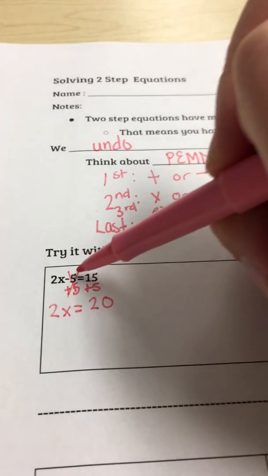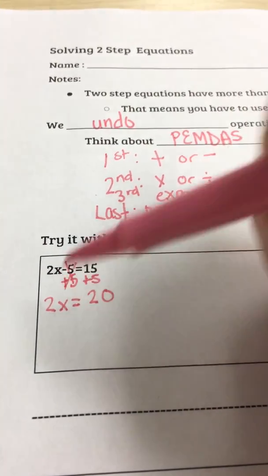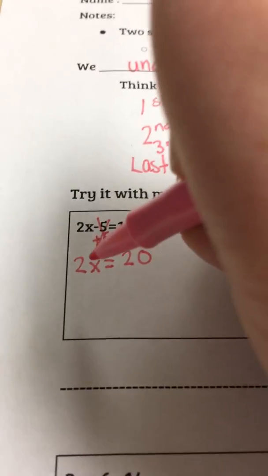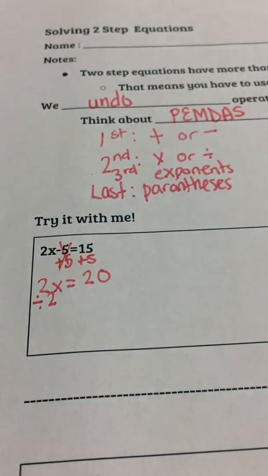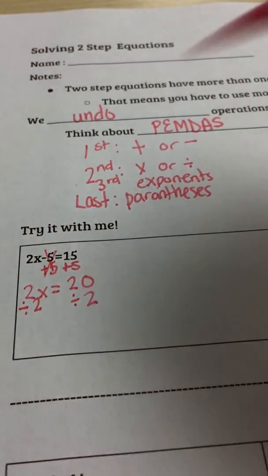Okay, so now that we've gotten rid of our 5, we're going to get rid of our next operation, which is multiplication. Our inverse of multiplication is division. So instead of multiplying by 2 here, we're going to divide by 2. I'm keeping it balanced, so whatever I do to one side, I have to do to the other. Which means this multiplying by 2 and dividing by 2 cancel each other out, and I'm left with just x.